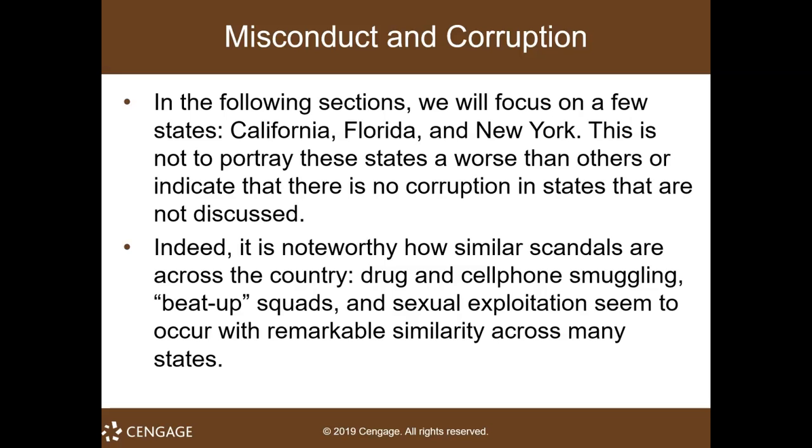They're everywhere. And no place is perfect, right? Drug and cell phone smuggling, assaults, sexual exploitation seem to occur with remarkable similarity across many different states and many different institutions. Okay, so again, we're just looking at these three typically because they are three of the largest. So that's one of the reasons that we're going to take a look at them.